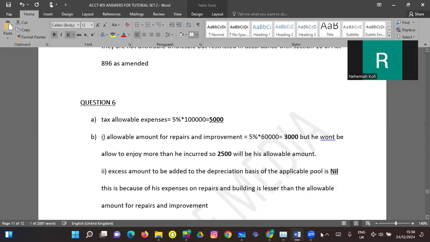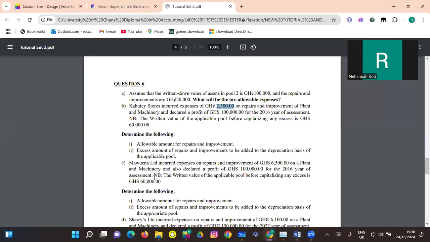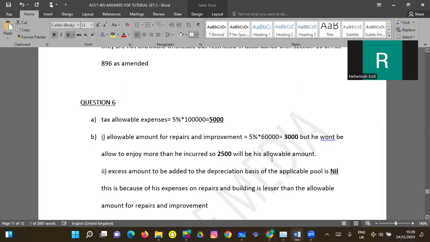Okay. Then part II is asking us to determine the excess amount of repairs and improvements to be added to the depreciation basis of the applicable pool. Remember that the allowable amount is 3,000, but the actual expenses incurred is 2,500.